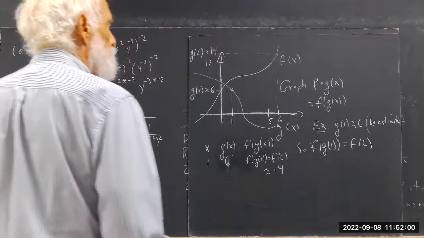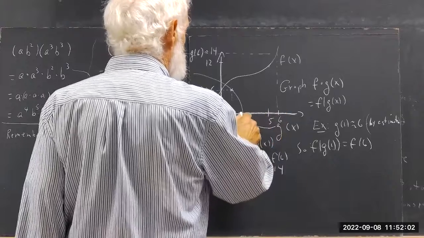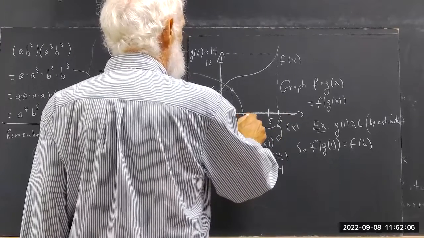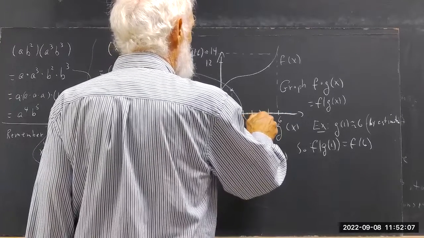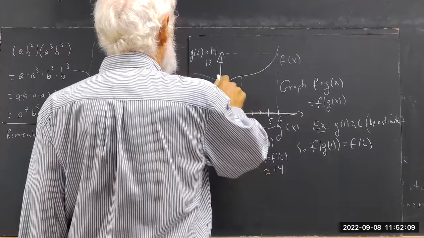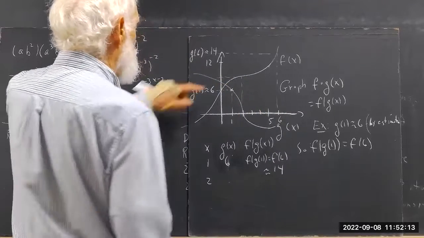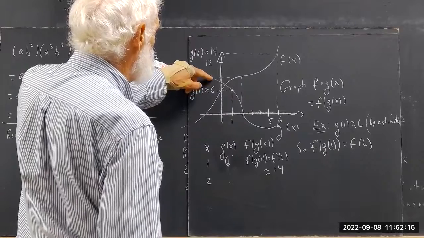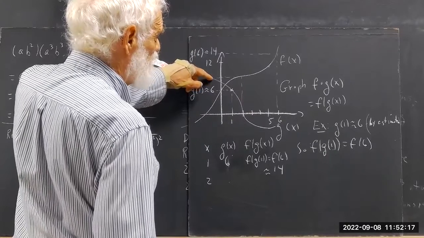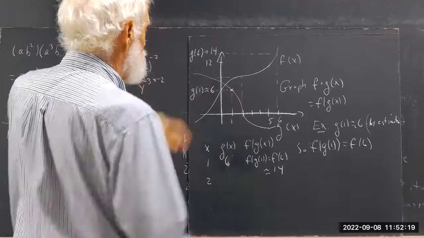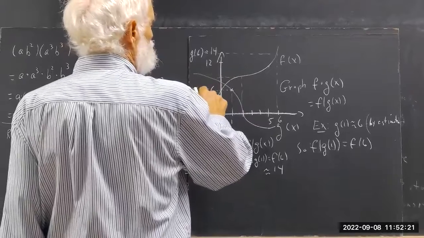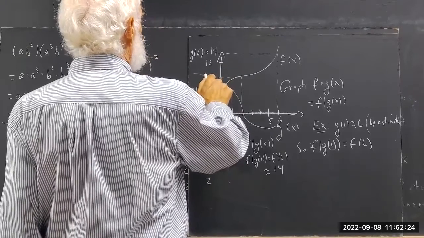Now, if x equals, let's just go 1, 2, 3, 4, 5. If x is 2, it looks like g of x is about, not quite 9, but I'm going to say it's 8.6.